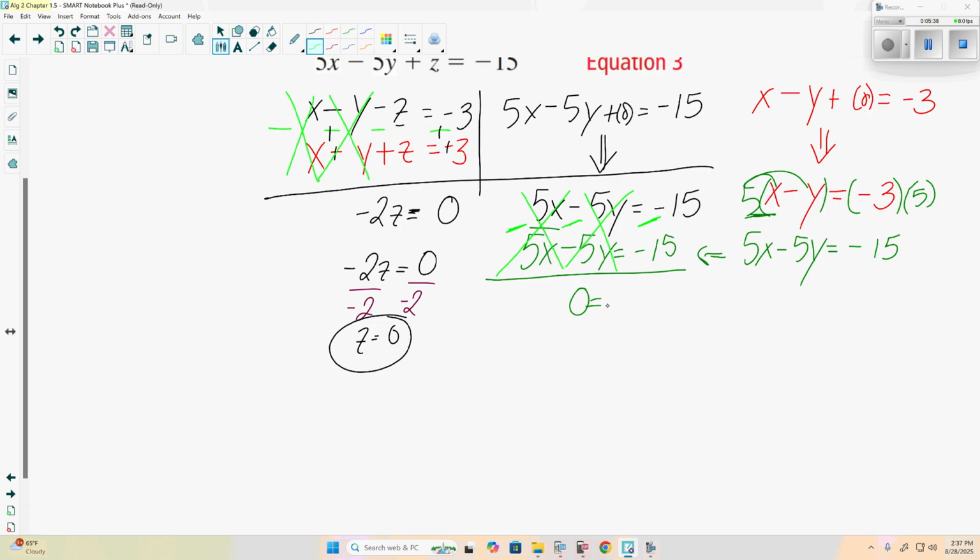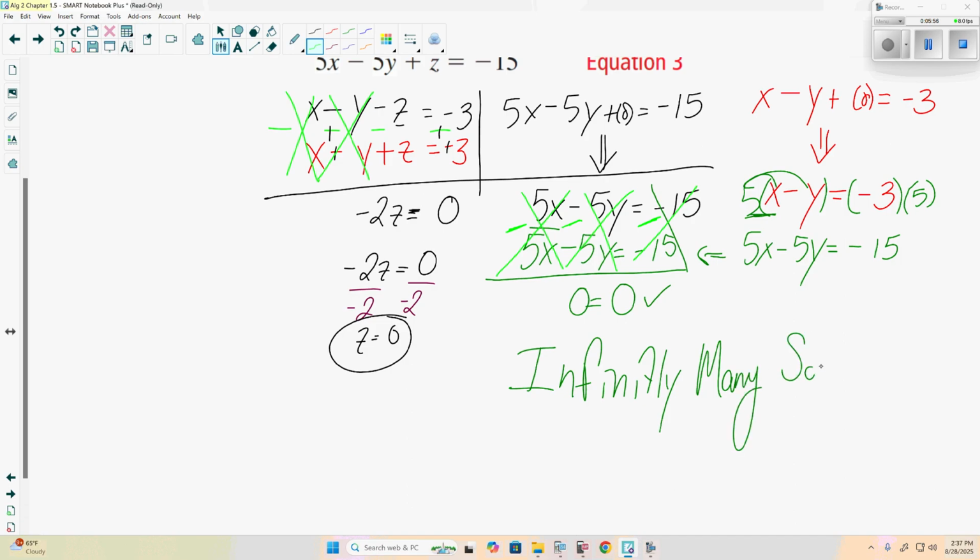Negative 15 minus negative 15 is 0. 0 equals 0, true. So we have a true statement and we have a value. Infinitely many solutions.